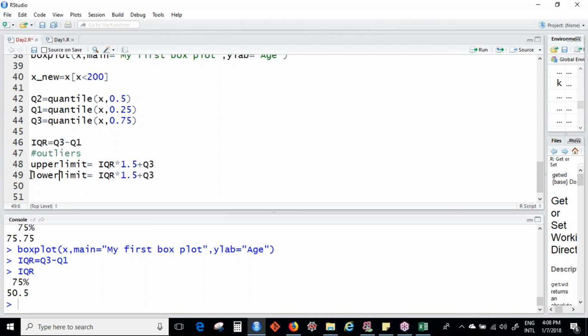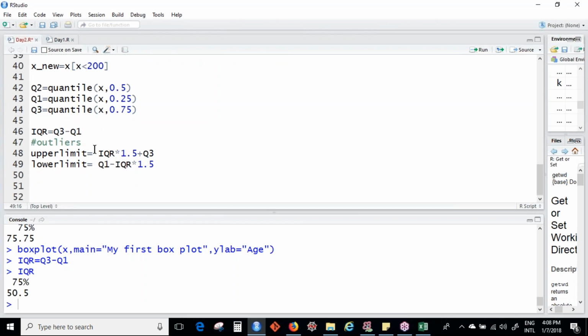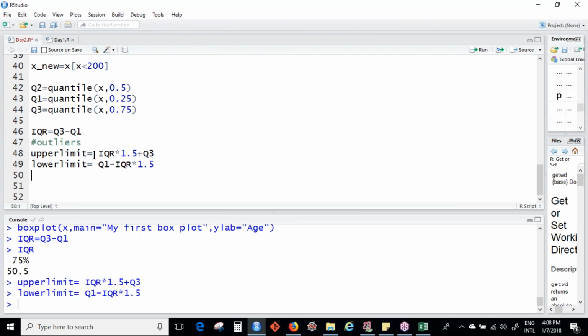I will have a lower limit, which is Q1 minus IQR into 1.5. So this is my upper limit, this is my lower limit.